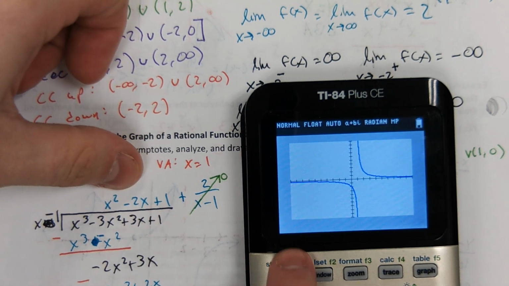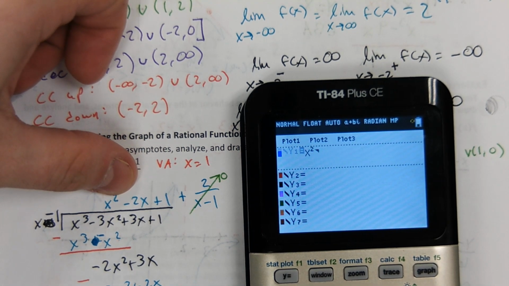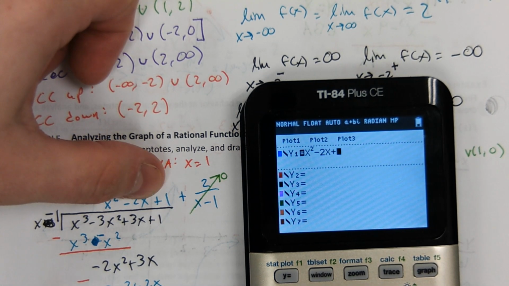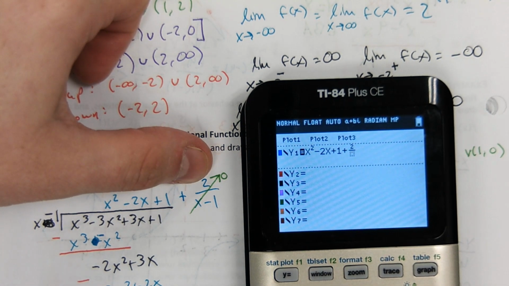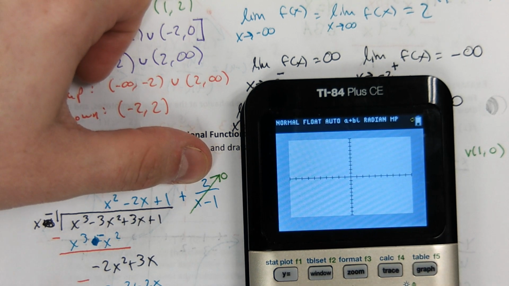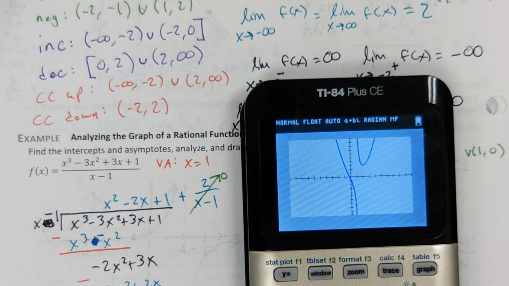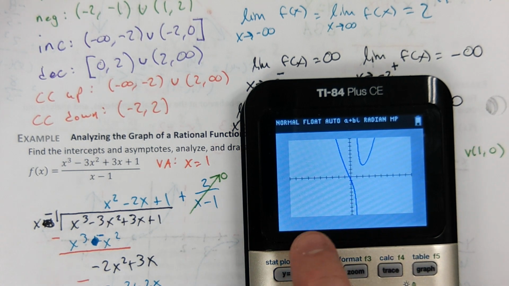Now I'm going to graph this. Let's see it. X squared minus 2x plus 1 plus y equals 2 over x minus 1. Wasn't that interesting? You don't see it? That's basically what my graph was.